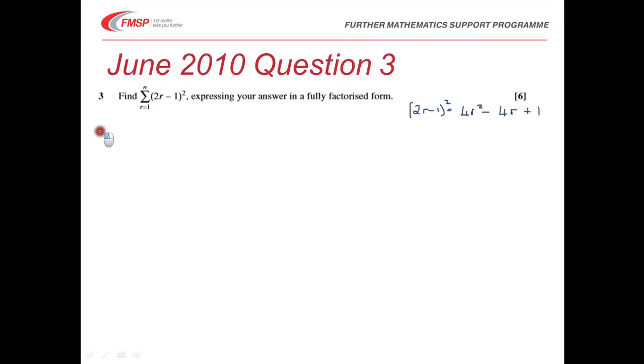So when we find sigma of 2r minus 1 all squared, we can use this result, and in fact we can take the constant terms outside the sigma notation, and so we end up with the sigma 2r minus 1 all squared from 1 to n will be equal to this sum minus 4 lots of sigma r plus sigma 1. And all of these are being summed from 1 to n.